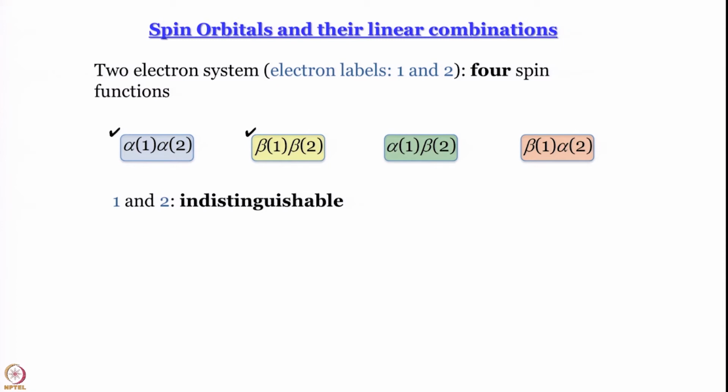Electrons do not wear jerseys with their names or numbers written on them. Electrons do not have the numbers imprinted on them. We are designating them 1 and 2 to formulate the problem, but actually the 2 electrons are absolutely indistinguishable. You cannot say that it is electron number 1 and electron number 2 or electron number 2 and electron number 1 that has a particular spin state.